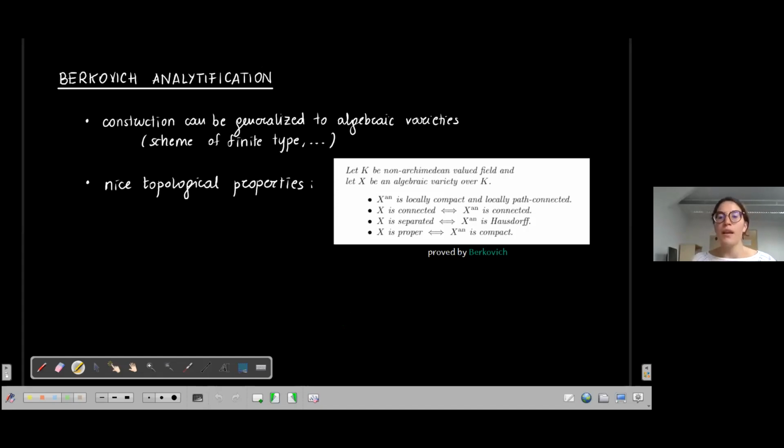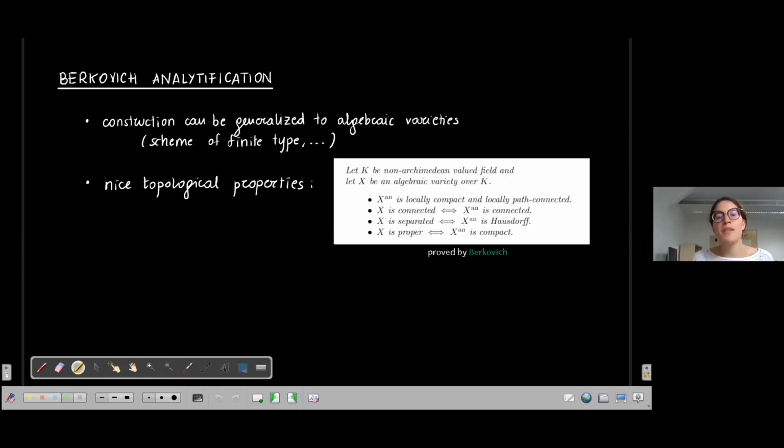And you can even see that the properties of the Berkovich space reflect the properties of the starting algebraic variety X. If you heard about GAGA results when we take complex analytification, then I just want to mention that you also have GAGA results in the Berkovich analytification. These are results that tell you that studying proper algebraic varieties, their category, is equivalent to studying their analytification with respect to the Berkovich analytification.